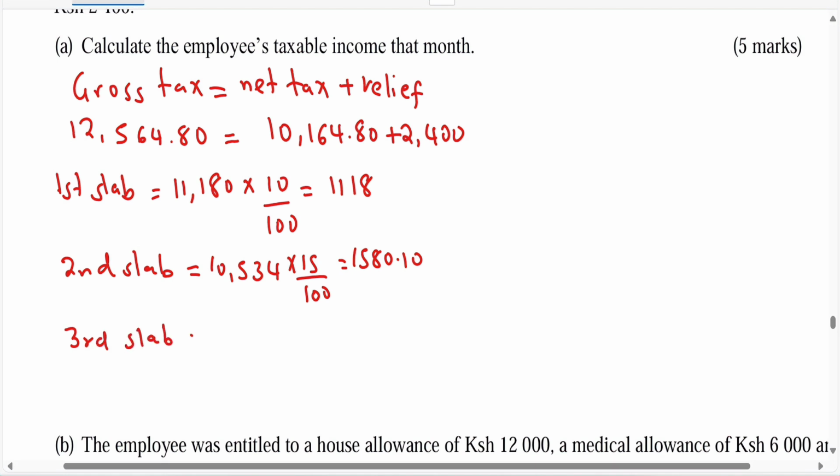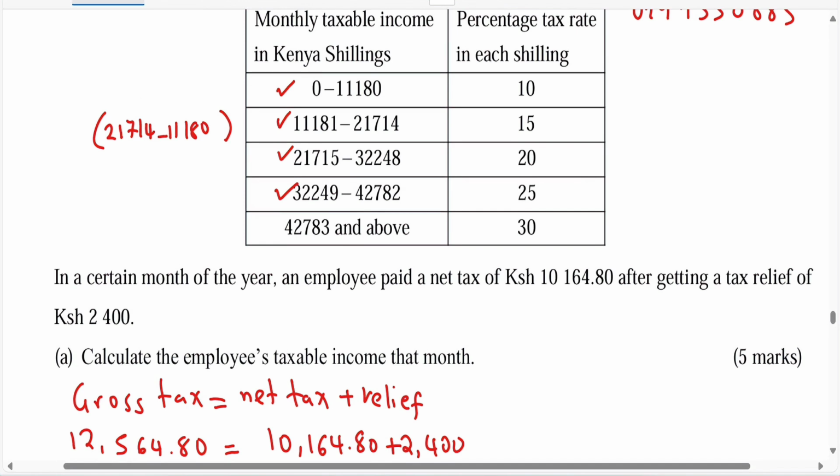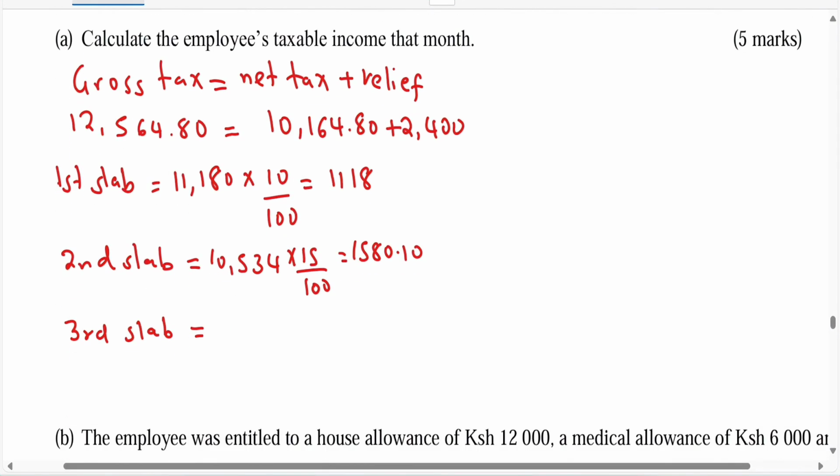So third slab you do the same thing, and you just need to confirm kama itakupa hiyo 10,534. So you take the last number which is 32,248 minus the last number in the second slab which is 21,714. Now ukisubtract you realize bado inakupa 10,534.